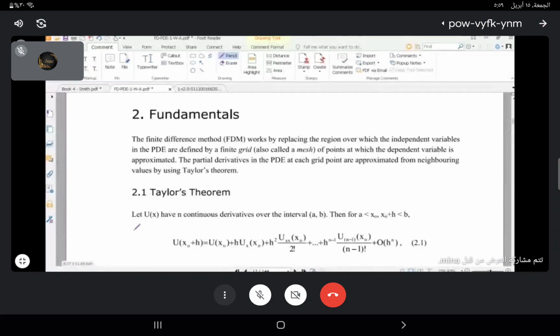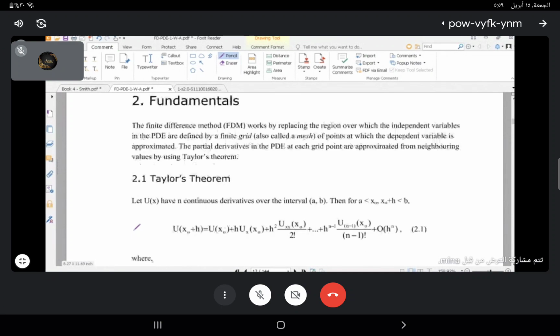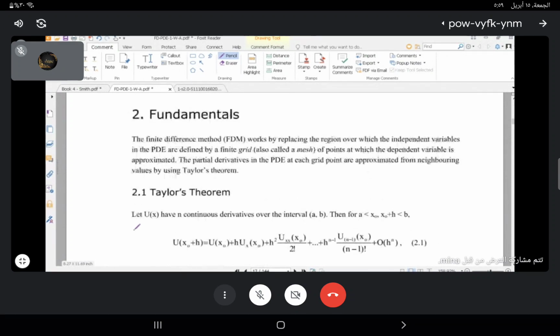In the next session, we start the finite difference method. This term, we study the finite difference method for elliptic, parabolic, and hyperbolic equations.